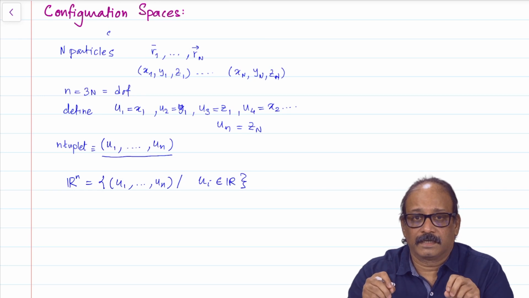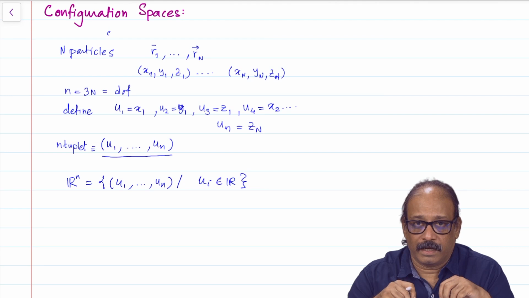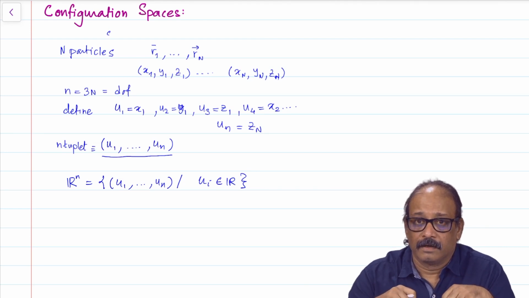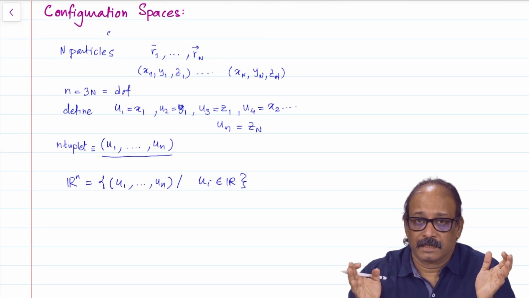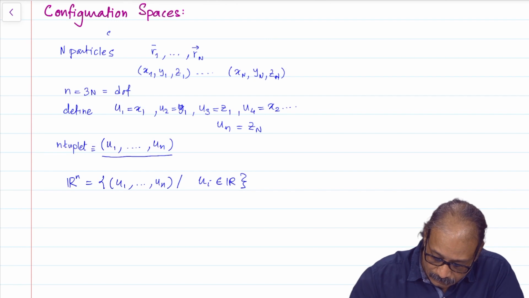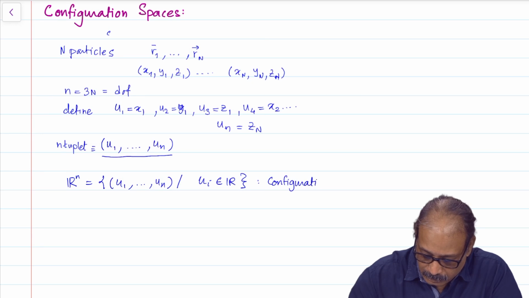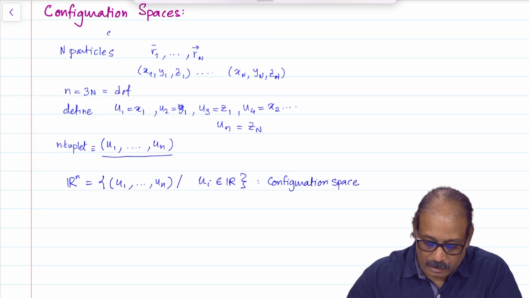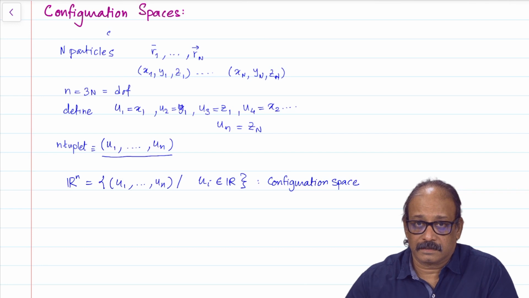Now, we have a physical world which is 3 dimensional, and now I have this n dimensional space which is an abstract space, and this space we are going to call the configuration space. So, this is the configuration space of the entire mechanical system.